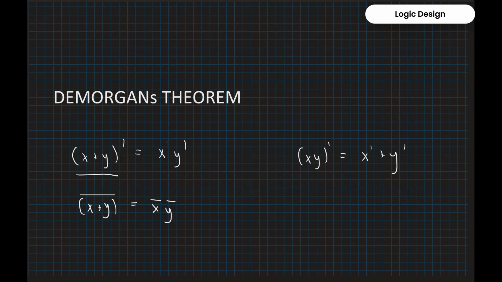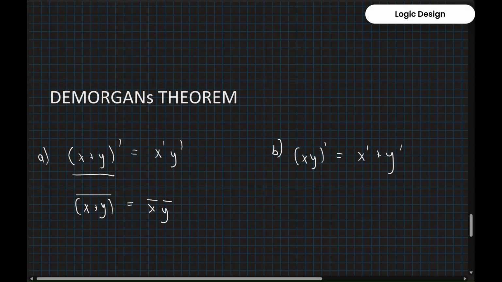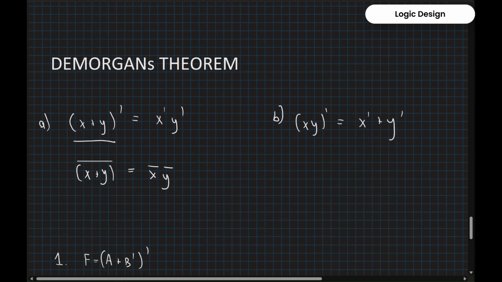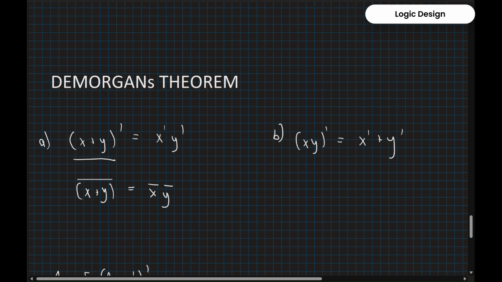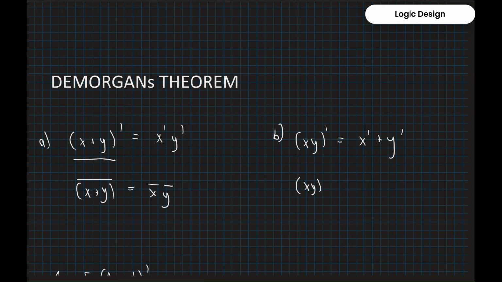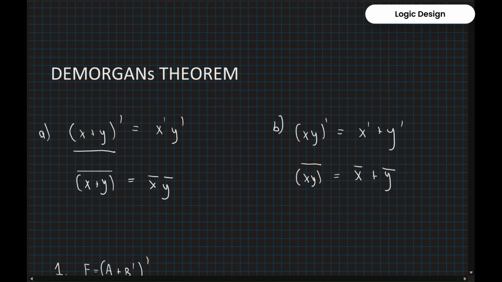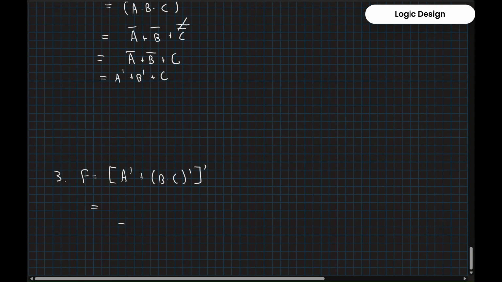And then the second theorem, so we've got part A and B. You can memorize these; they're pretty easy to remember unless they're given to you by your instructor. The second one is x times y, barred, is equal to x bar plus y bar. Pretty straightforward, right? Let's convert this into the bar.